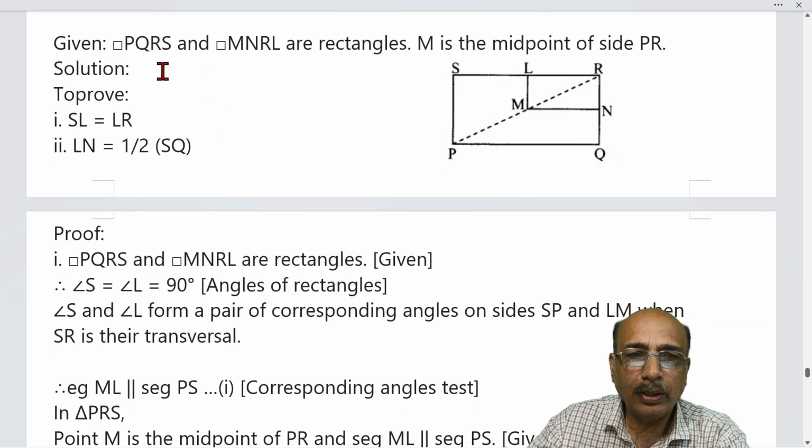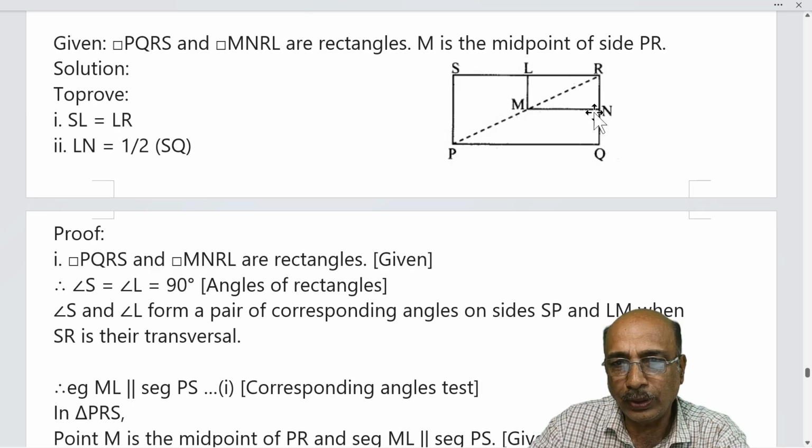Please see here, given quadrilaterals PQRS and MNRL are rectangles. M is the midpoint of side PR. To prove that SL equals LR and LN, here the segment is not shown, LN is half of SQ.